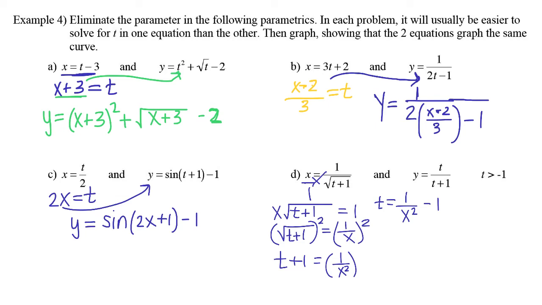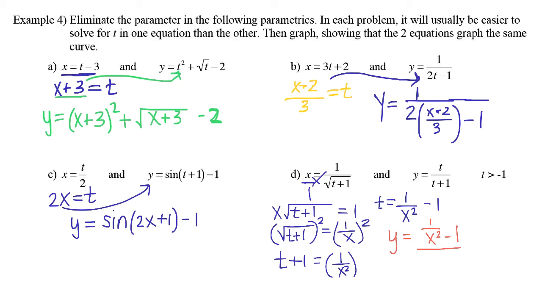Now I'm going to take all of that and plug in to the second part. So let's see what that final answer would look like, because all I need to do is plug in. So I have y equals, t is on top, so I need to put 1 over x squared minus 1.